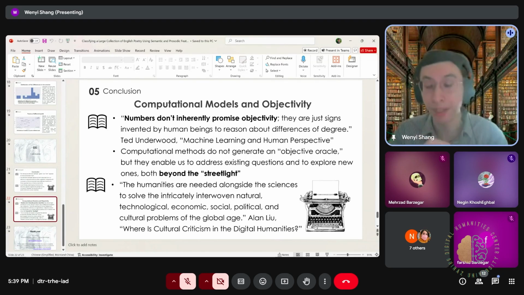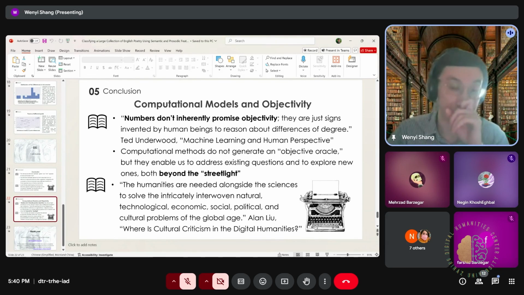That's how computational models can analyze it with a much larger scope. We're not trying to reach an objective conclusion, but really understand what human perception is on poetic categories and what literary history is, and cast new insight into literary history.